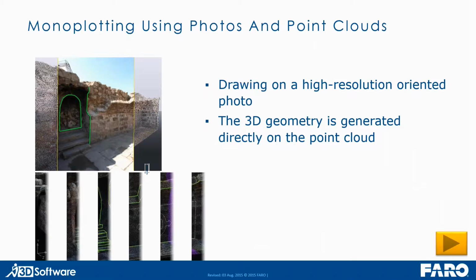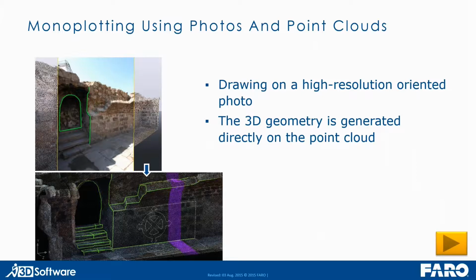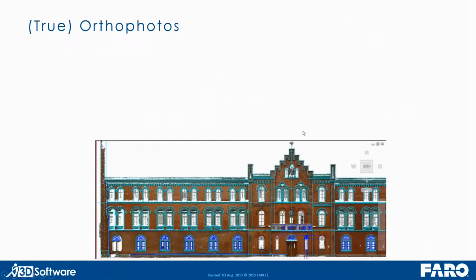So it's very similar to what I have just presented to you, but rather than having to create a plane to draw on, I can just select the point cloud itself as a surface, and then the software calculates the intersection between the image array and the surface, and this way we are able to click in the image and draw directly on top of the point cloud. So this is just another approach, this monoplotting.